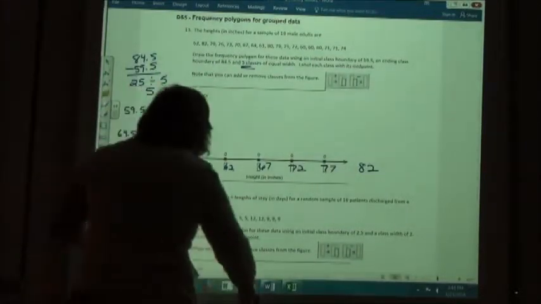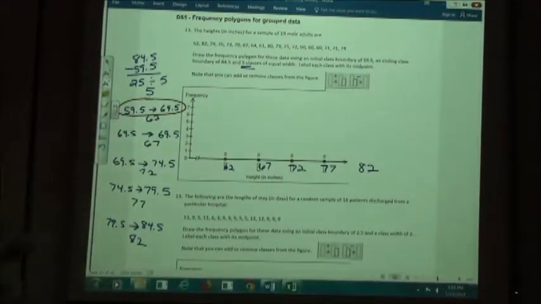When we're doing our counts, we're still thinking about, like we did with our histogram, how many values are in that first section between 59.5 and 64.5. Anybody count them up yet?